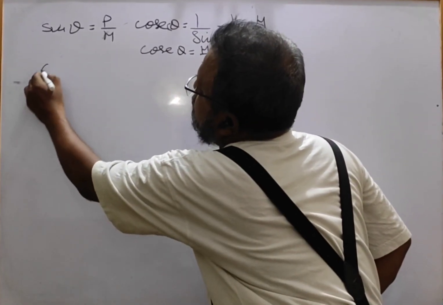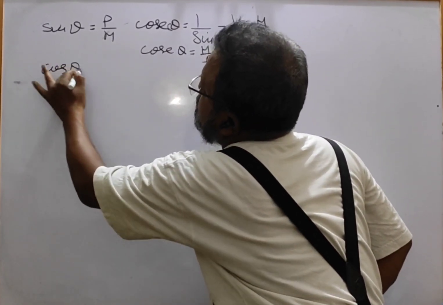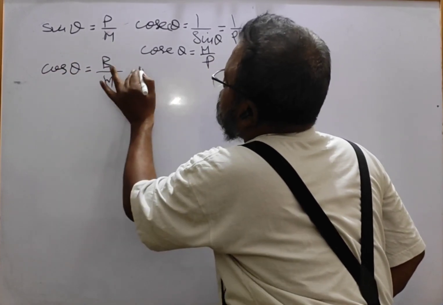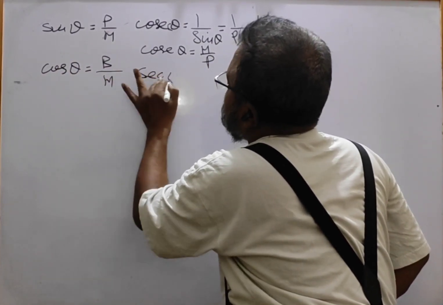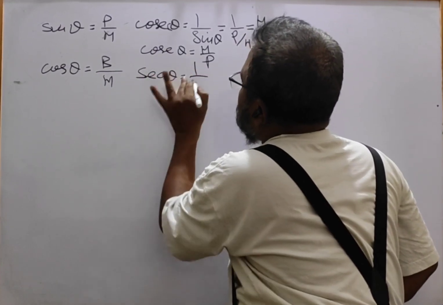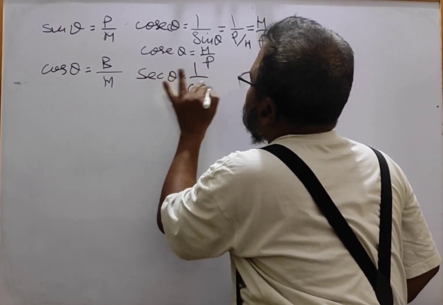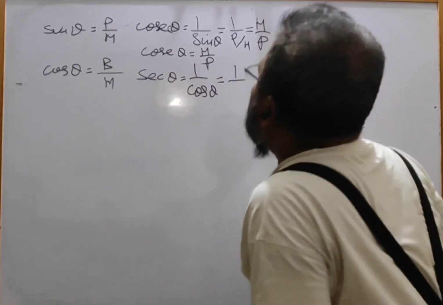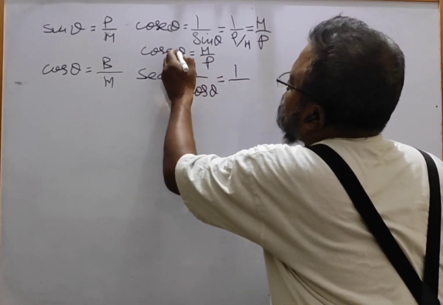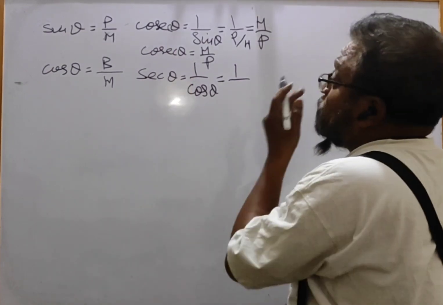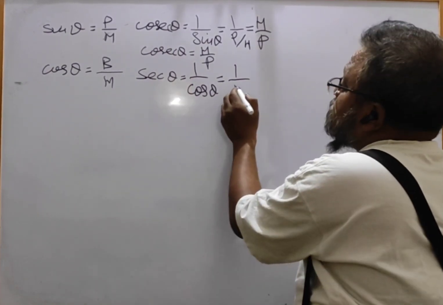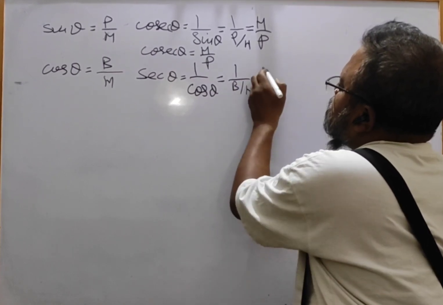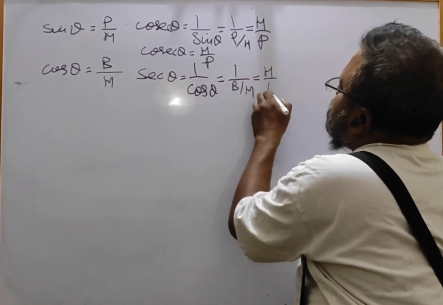Similarly, cos theta is equal to base upon hypotenuse. So sec theta is equal to 1 upon cos theta, that is 1 upon base upon hypotenuse, so it will go hypotenuse upon base.